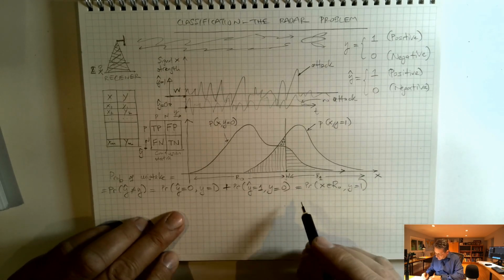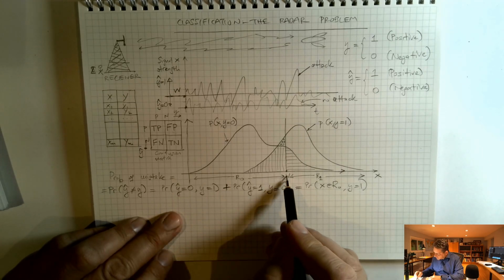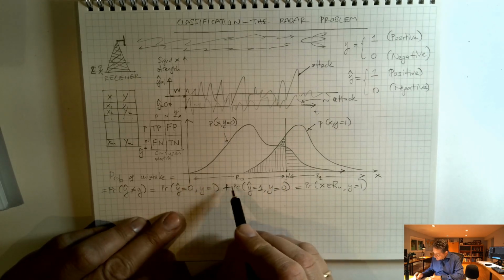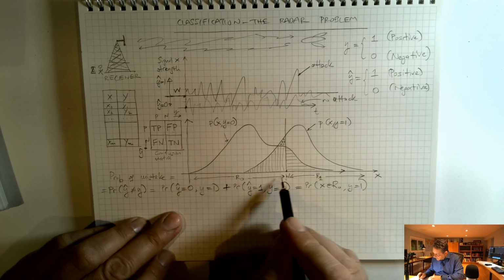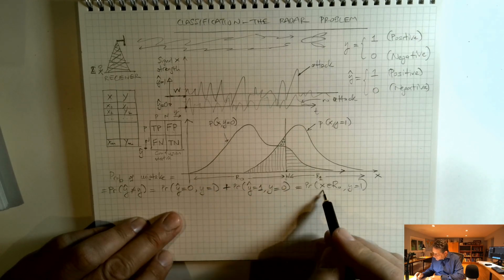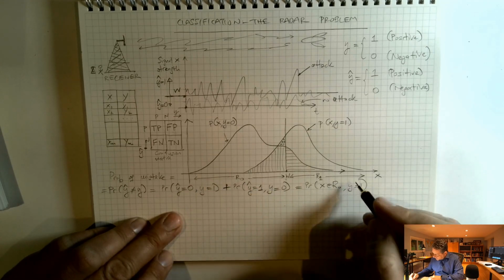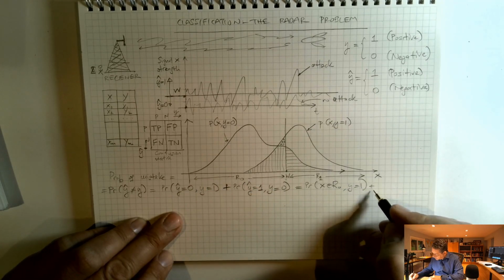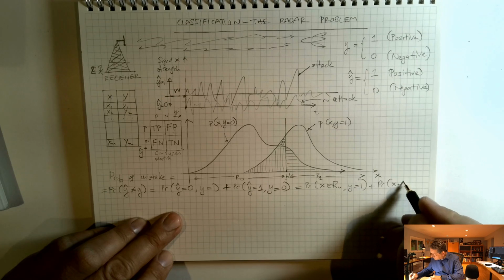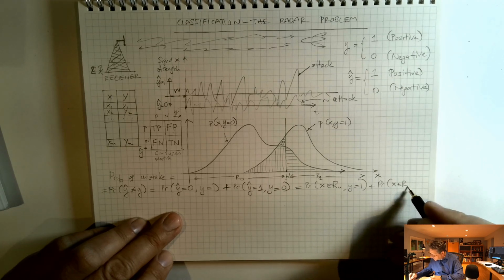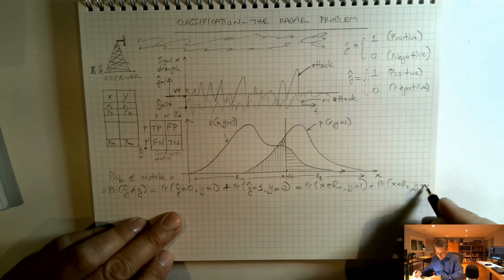So I converted y hat equal to 0 to all the events which are to the left of W, so all the events where x belongs to region R0, and do the same for x belonging to the region R1 when y is equal to 0.